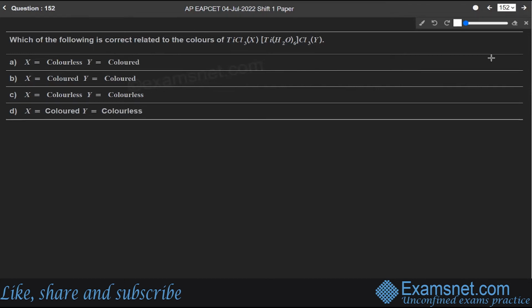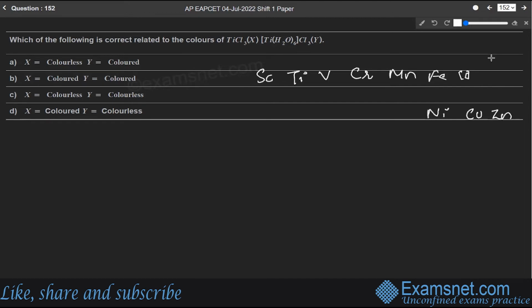So how do you find the unpaired electrons? Titanium comes in the series scandium, titanium, vanadium, chromium, manganese, Fe, cobalt, nickel, copper, zinc.